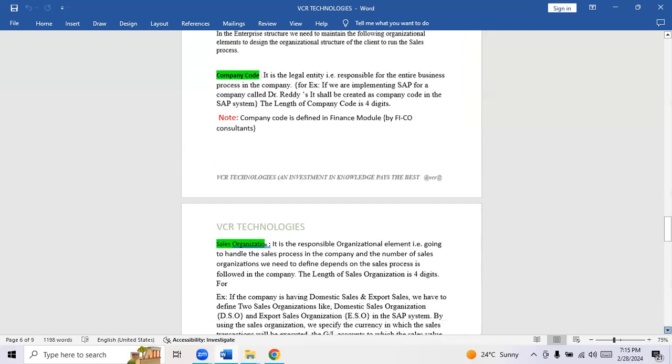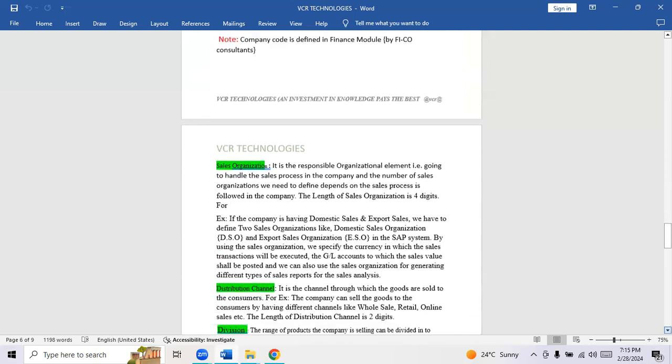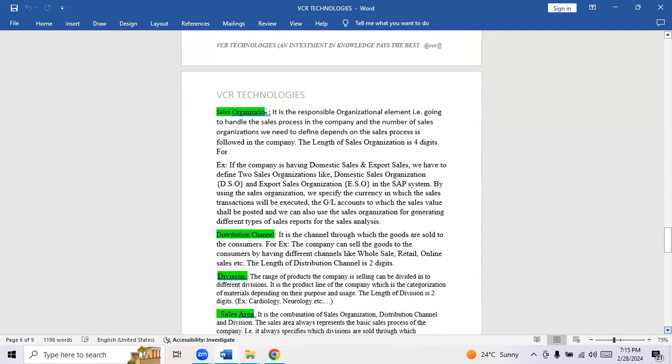Next, coming to the next organizational element, sales organization. Sales organization is the highest level element in SAP SD. It is the organizational element responsible for handling all the sales process in the company code. In the sales process, the sales organization plays an important key role in the company.